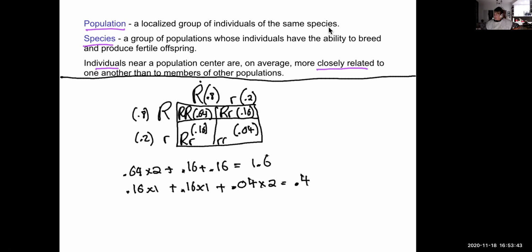So if we were to multiply this by 100, we would get 160. If we were to multiply this by 100, we would get 40. And if we divide that by 2 and divide this by 2, we've got 80 and 20.